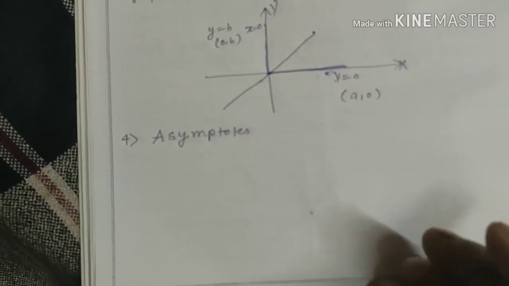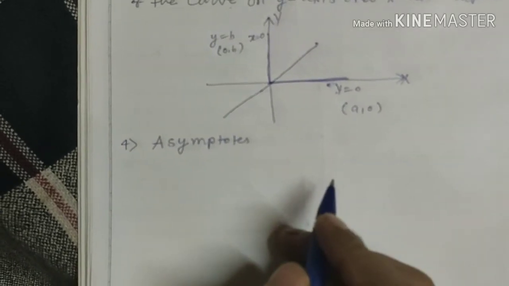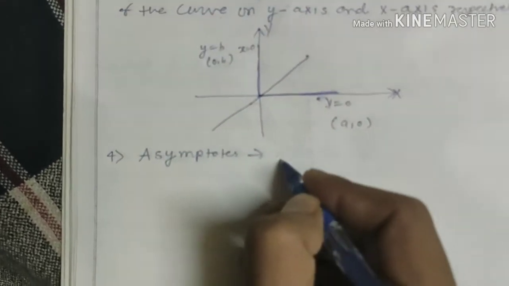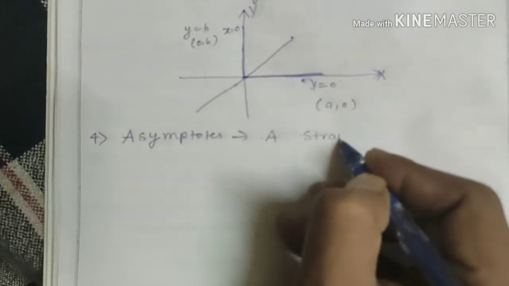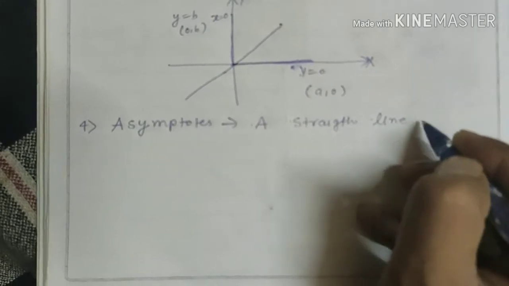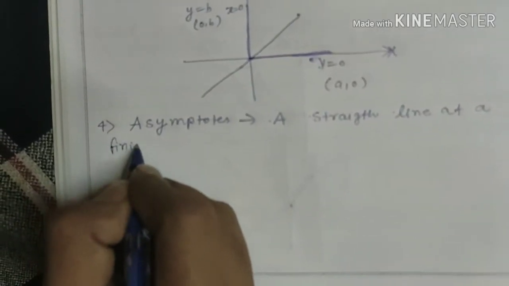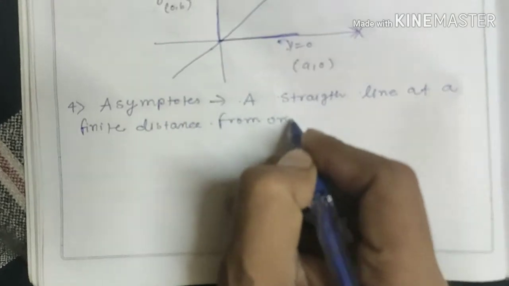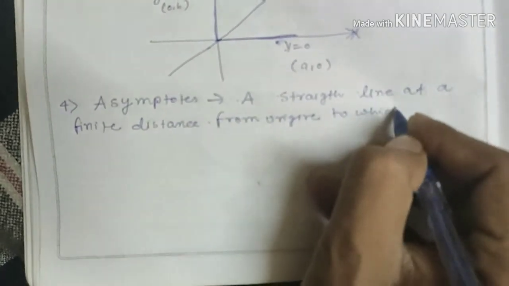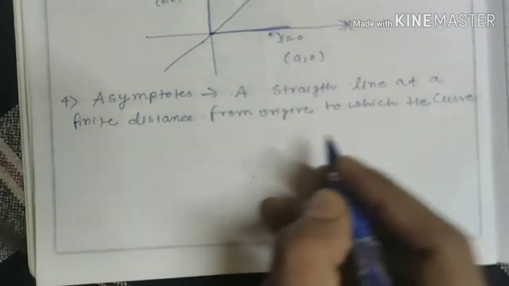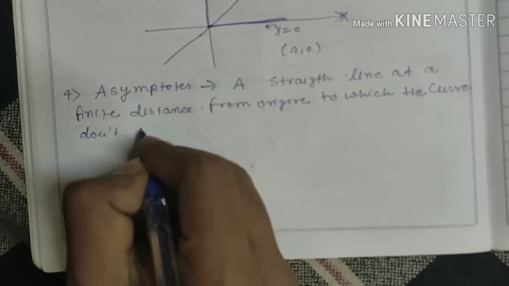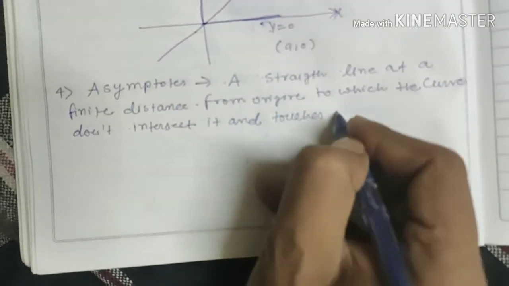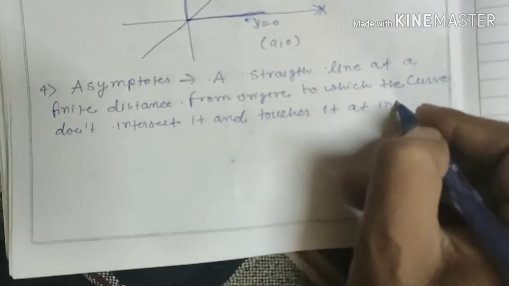A new term given in the steps of tracing of a curve is asymptotes. An asymptote is defined as a straight line at a finite distance from the origin to which the curve doesn't intersect it and touches it at infinity.